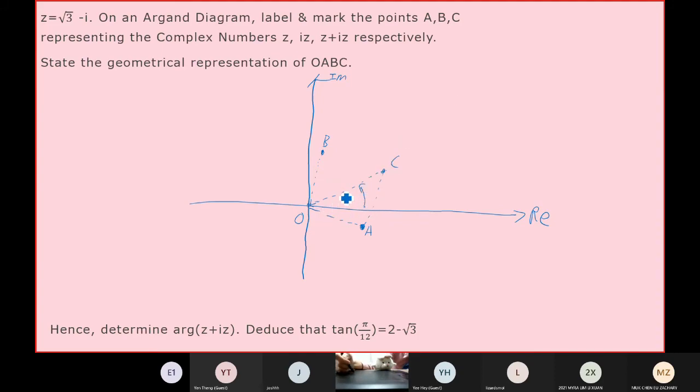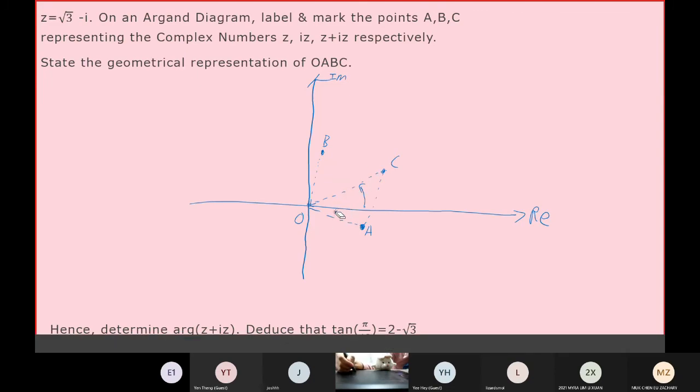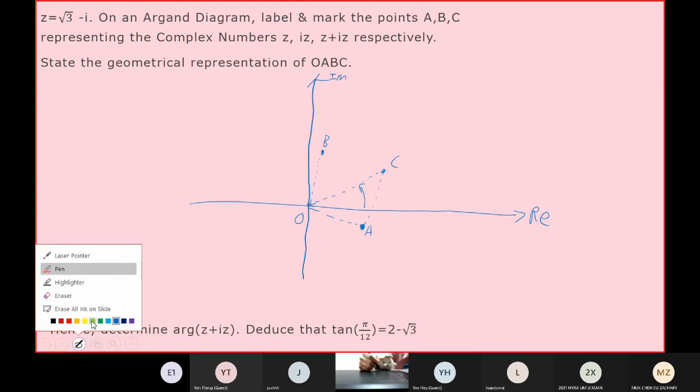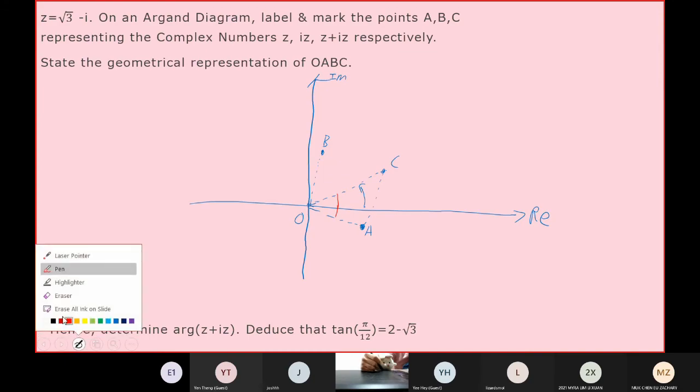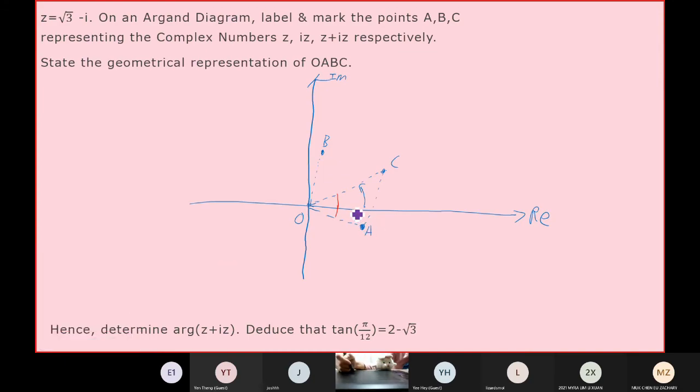To get this angle, you need this angle minus away this angle here. Okay, let me choose a different color. So we want to get this angle, the red angle, minus away the angle inside. So let's use purple, this angle here.